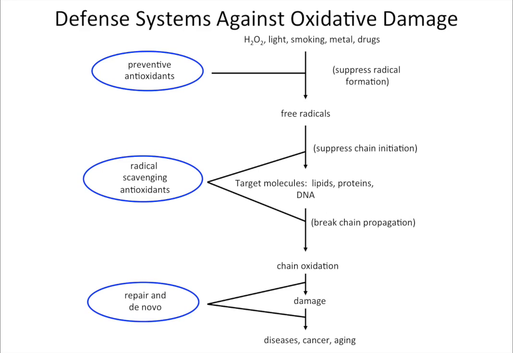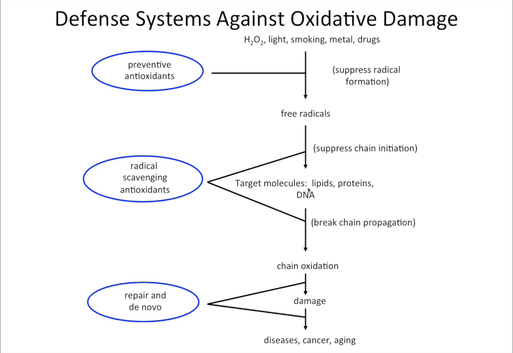That free radical can react and damage another molecule, and then it becomes a free radical, and then that molecule will then react with and form another free radical with another molecule. So you have a chain of events that occurs, and you can have radical scavenging antioxidants that actually suppress that, or you can have ones that basically break the chain propagation, and they basically stop the reaction right in its place.